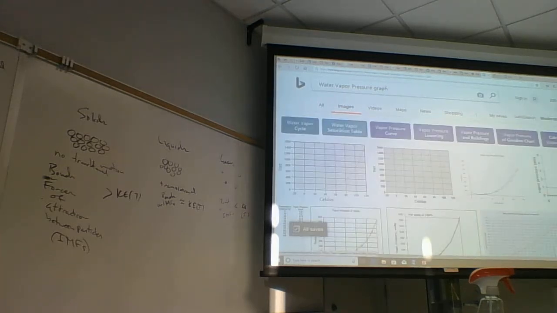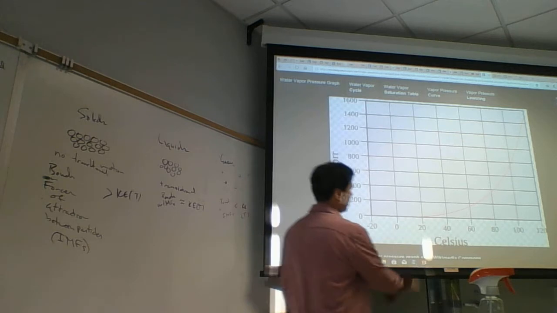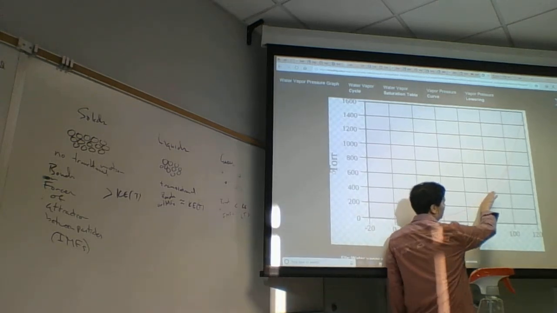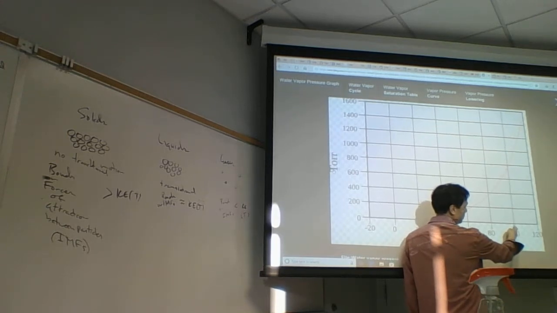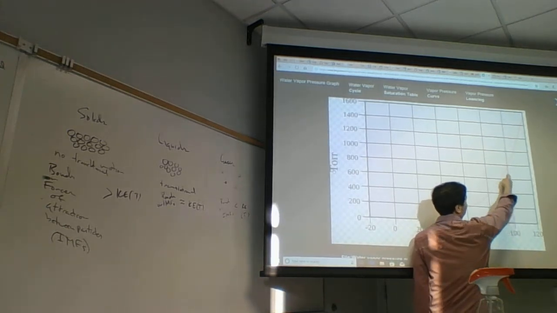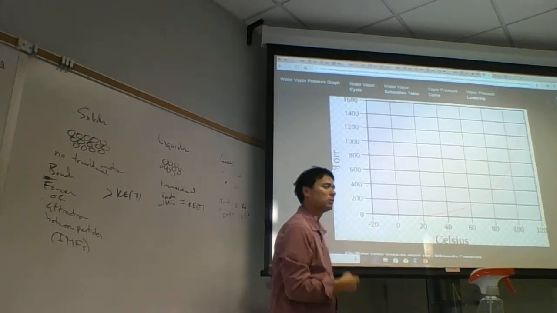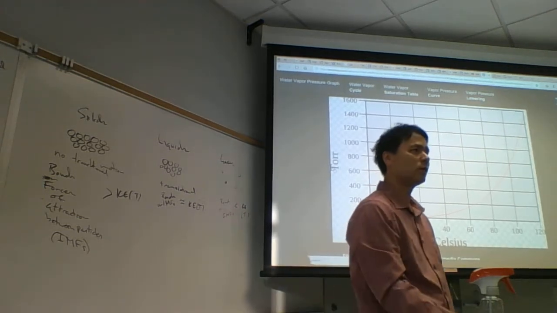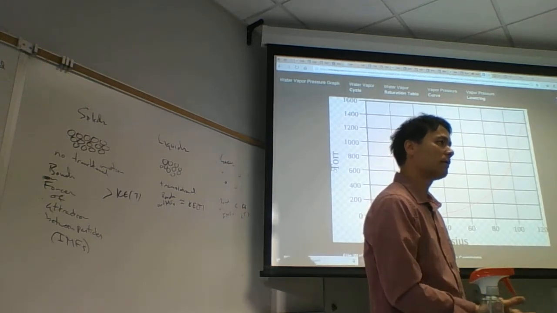Take all that data and graph it. If we take all that data and graph it, this is what we get. This is how the vapor pressure increases with temperature. And I predicted at 100 degrees C, you know what I predicted the vapor pressure to be? 760. And what we call that is the normal boiling point of water. The normal boiling point is because that's normal atmospheric pressure.